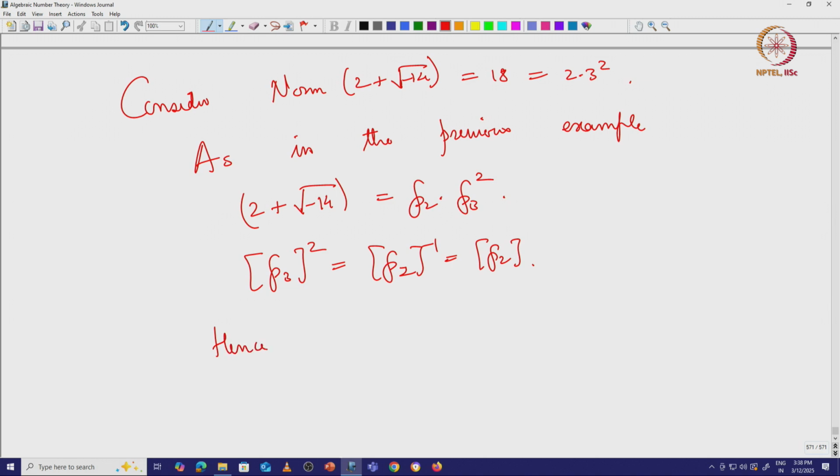So the ideal class group of K is isomorphic to Z mod 4Z.